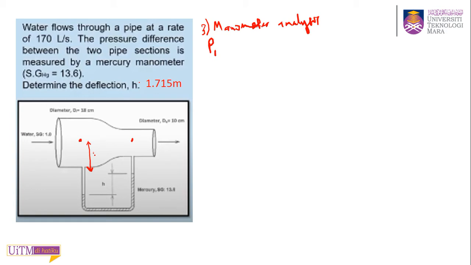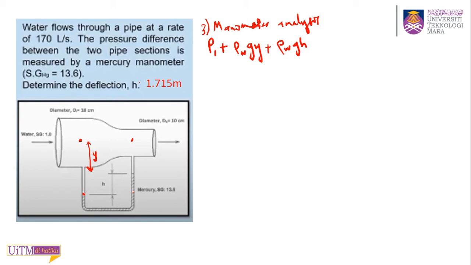Let's say I take this y height. So P1 plus rho of the water times G times y. Then you go down, so plus again rho of the water G times H. That's the H that you want to find, and your point is here.